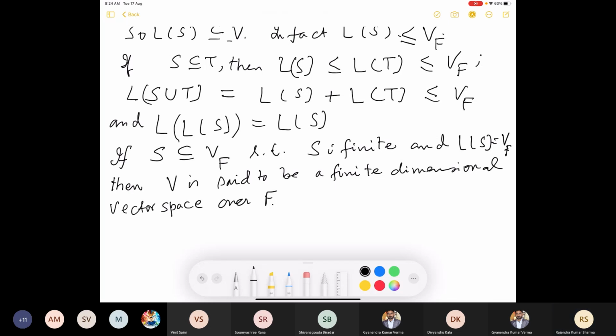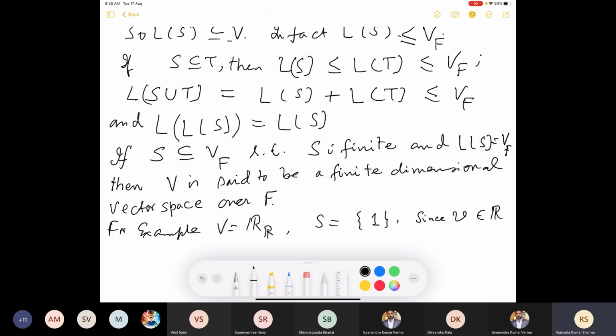So for example, the vector space V, R over R, is a vector space, and if you take, say, S to be the set which consists of just 1. Now what we know is that any real number v in R can be written as v equal to alpha times v1, where alpha is v and v1 is this 1.